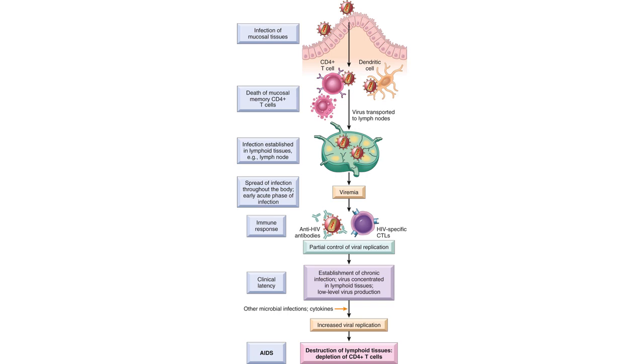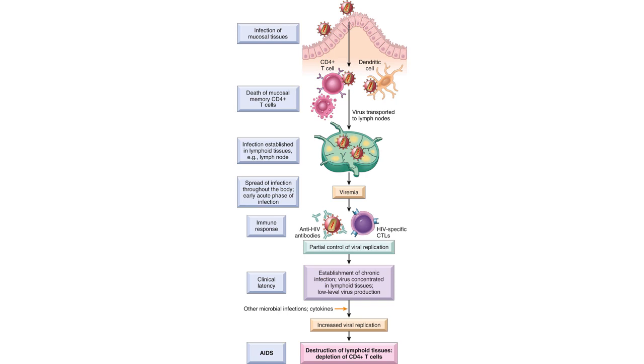During viremia, the host cell mounts an immense immune response, and this immune response is through antibodies and HIV specific cytotoxic T lymphocytes. So the antibodies coat the viruses and deactivate them or neutralize them.